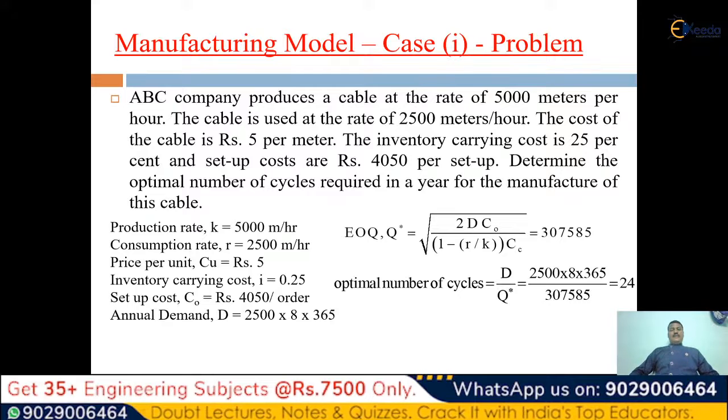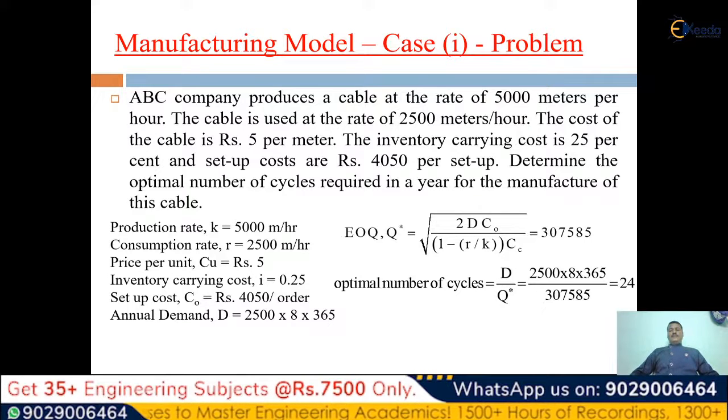Based upon that, the economic order quantity is, when we apply these: 2 into 2500 into 8 into 365 into 4050, divided by 1 minus 2500 by 5000, into the carrying cost Cc, we get that value to be 3,07,585.